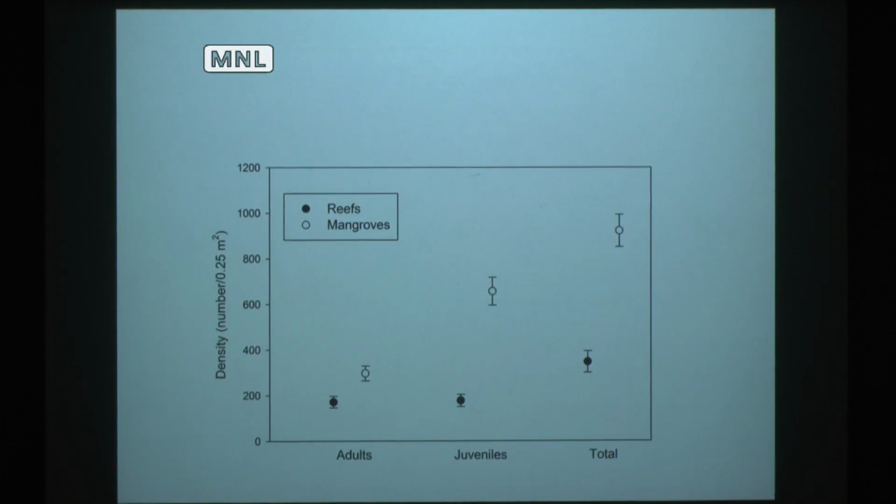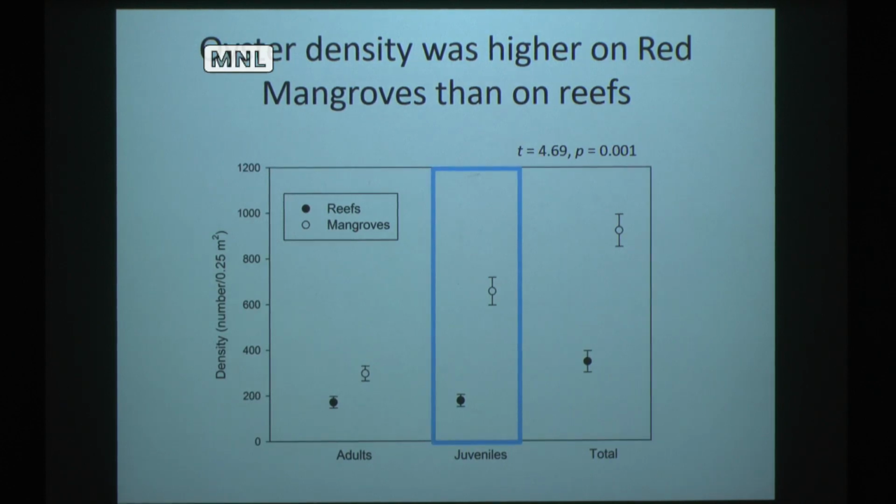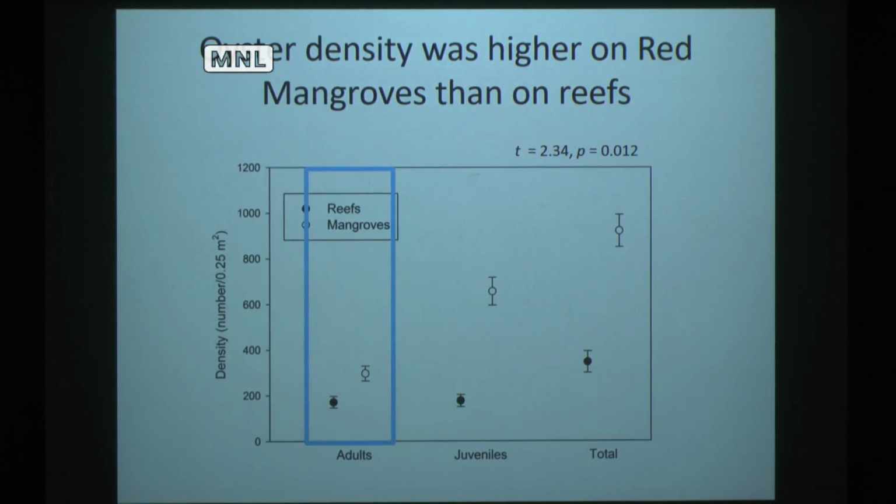Well, when we plot the density on mangroves, we see that there were higher juveniles than adults. But most importantly, we see that the density of oysters was higher on mangroves compared to on reefs, and that this pattern was consistent both on juveniles as well as on adults.